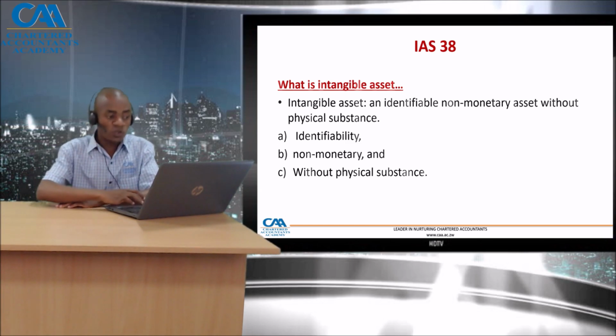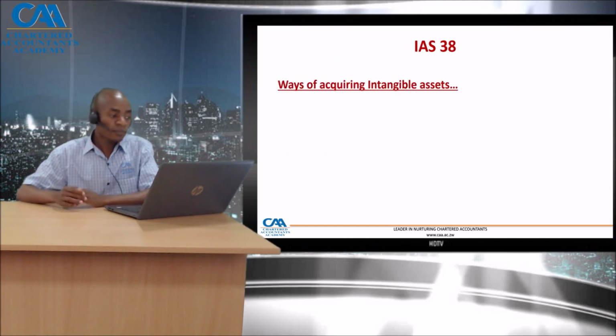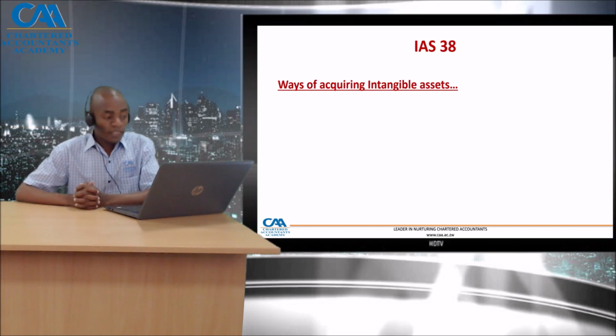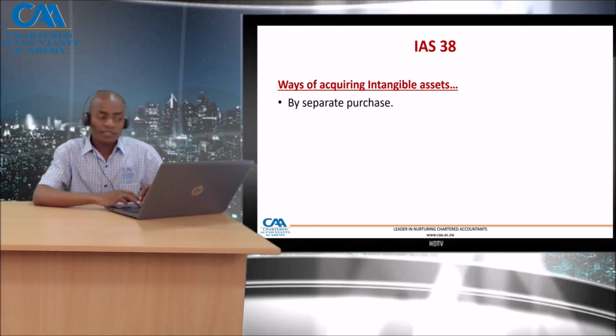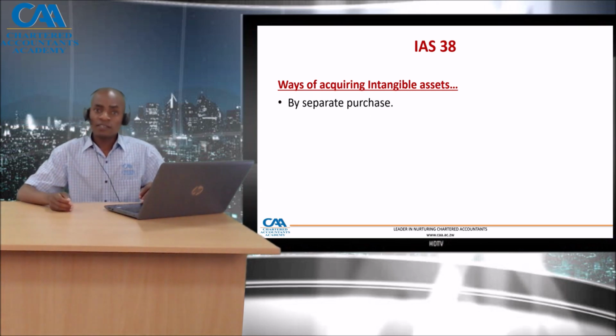Now, let us move on to the next part, whereby we are just going to look at different ways that the entity can acquire intangible assets. There are quite a number of them. An entity might acquire an intangible asset through a purchase.